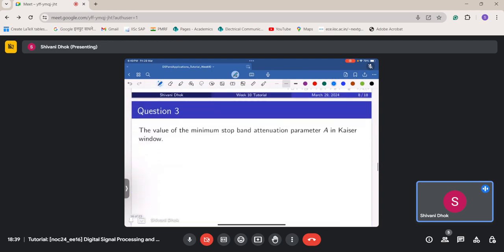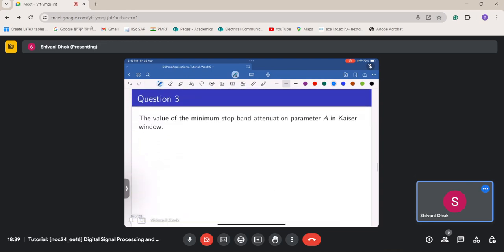So the first question is, what is the value of minimum stop band attenuation parameter A in Kaiser window?